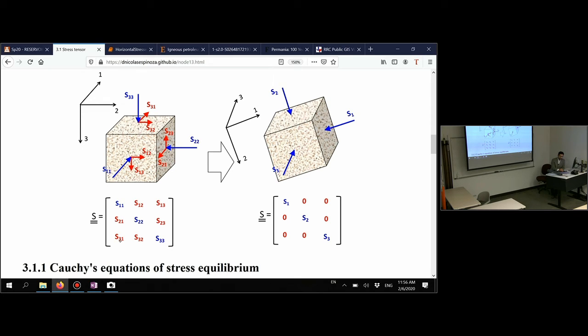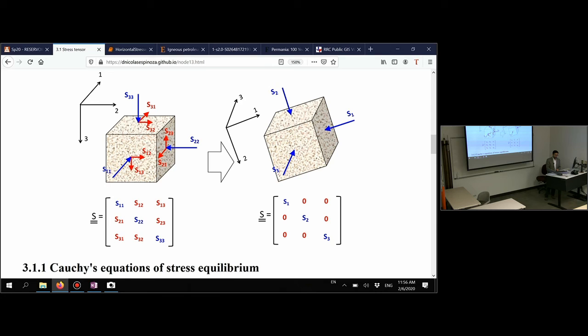The value of S31 is equal to the value of S13, and the value of S32 is equal to the value of S23. And if you remember when I was telling you that we need 6 values, there you have those 6, because the matrix has 9 values, but there are 3 which are the same. So at the end of the day, we just have 6 values which are different.